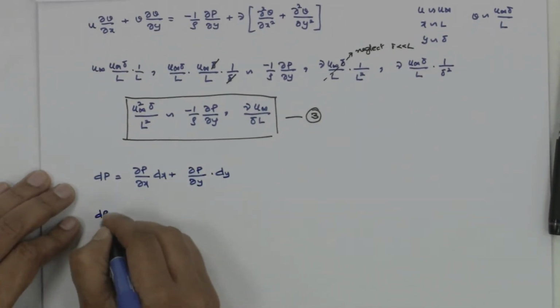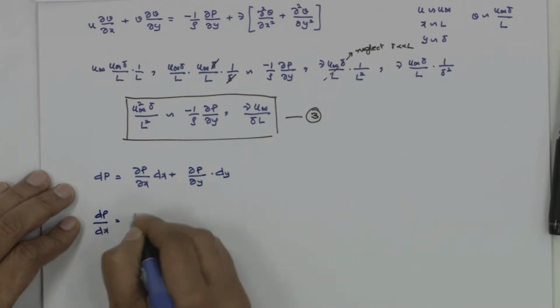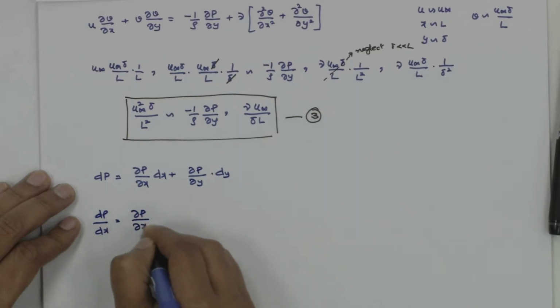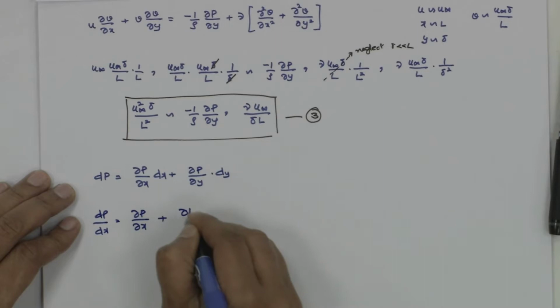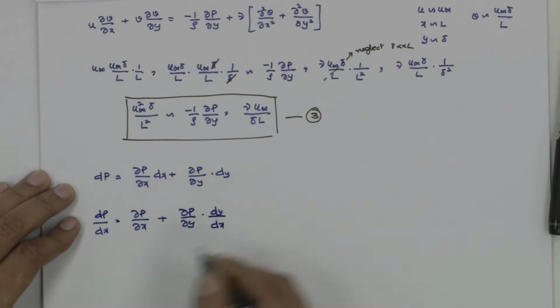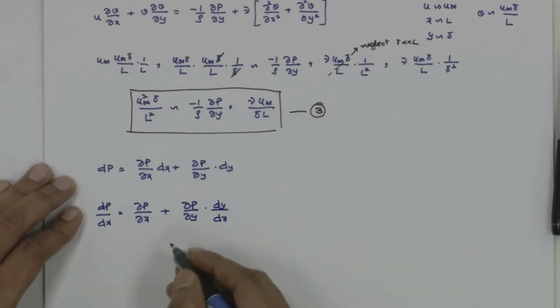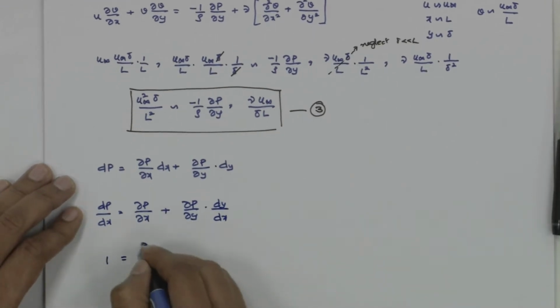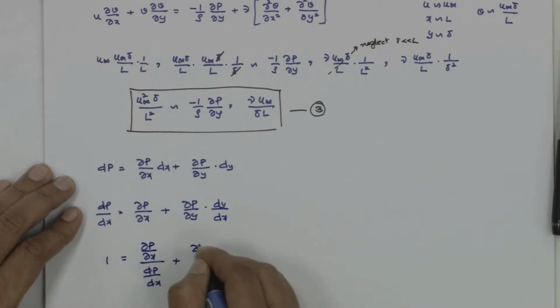So I get dP by dx equal to del P by del x plus del P by del y into dy by dx. Now, let me divide throughout by dP by dx: 1 equals del P by del x upon dP by dx plus del P by del y into dy by dx upon dP by dx.